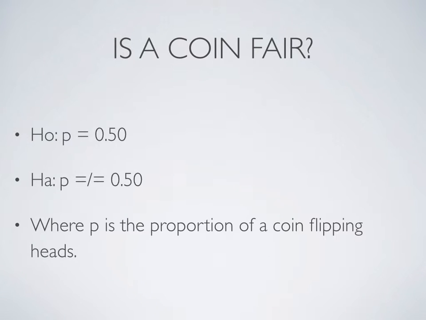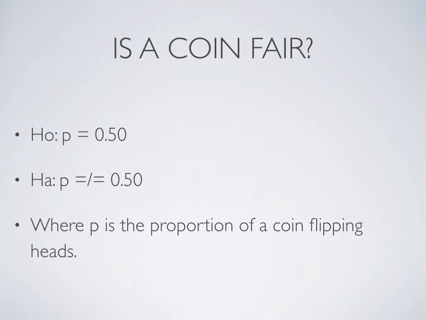Is a coin fair? If a coin is fair, we could assume that the H0, or null hypothesis, is that the proportion equals 0.5. If I flipped 100 coins, 50 of them would come out heads. HA: p does not equal 0.5, because if p is the proportion of a coin flipping heads, and it flips more than 0.5, it's kind of unfair.